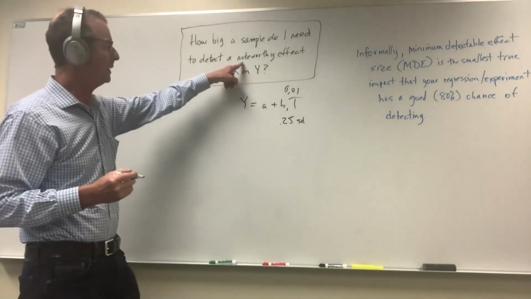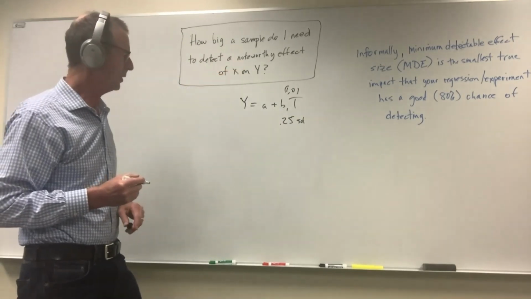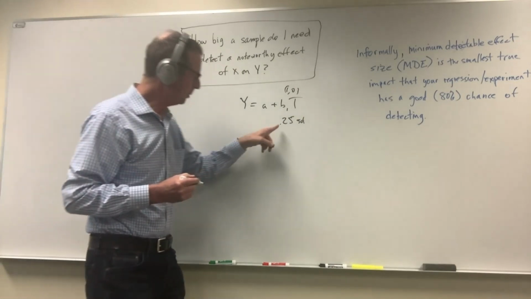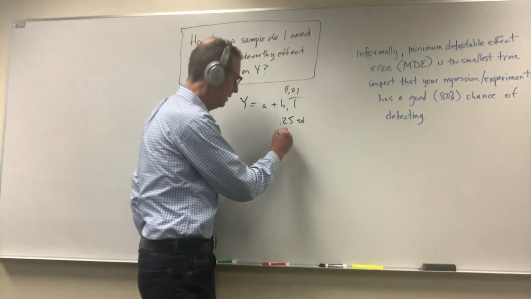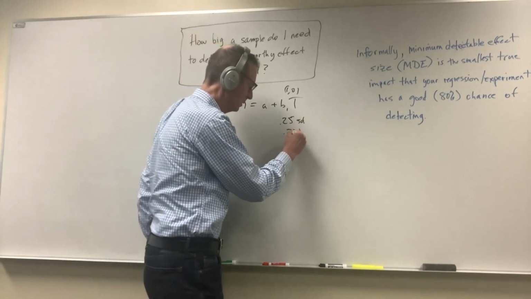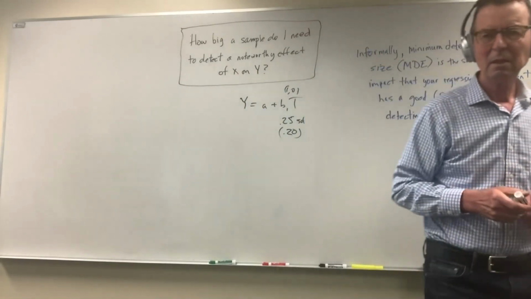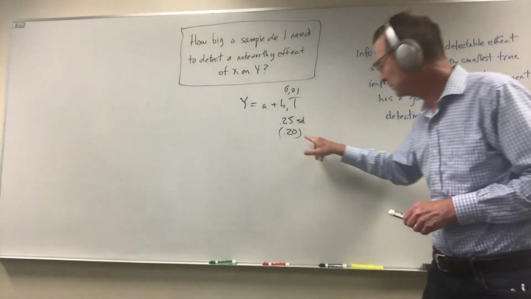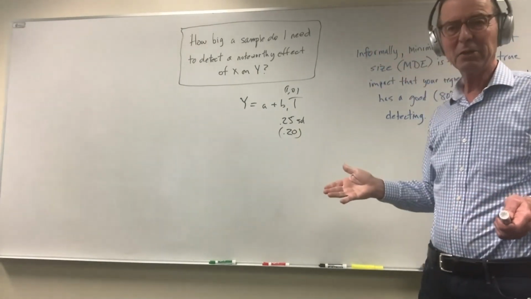That in education research is a noteworthy effect, believe it or not. We'll talk a little bit more about that in a second. But suppose you've generated a quarter of a standard deviation effect and your standard error is 0.20. If you've got a fairly small sample, you could easily have a standard error that's that large. And now you're stuck.